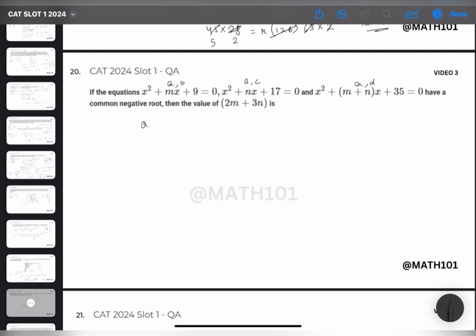And I have a plus b equals minus m, a plus c equals minus n, and a plus d equals minus m plus n.